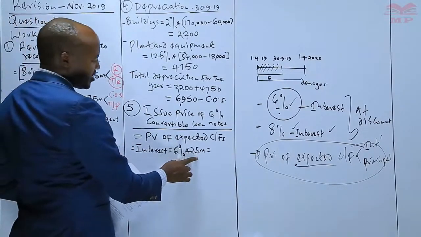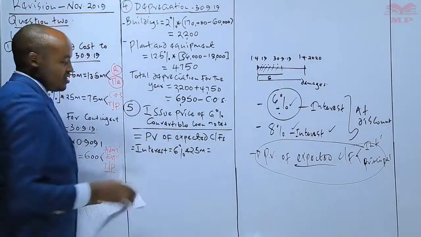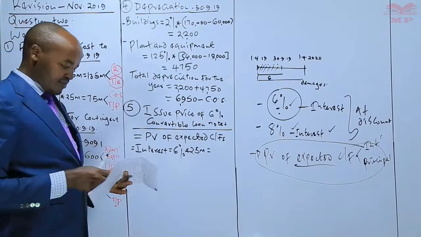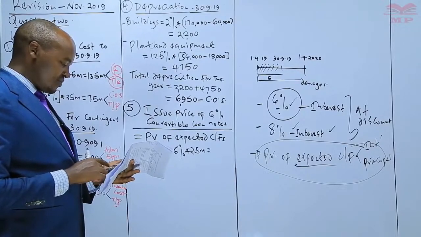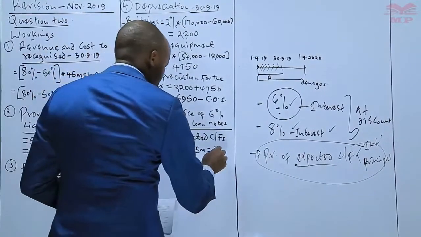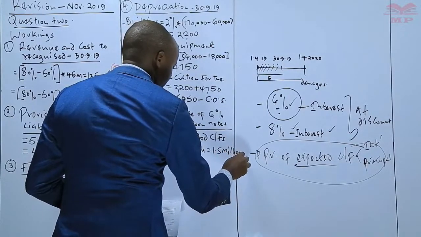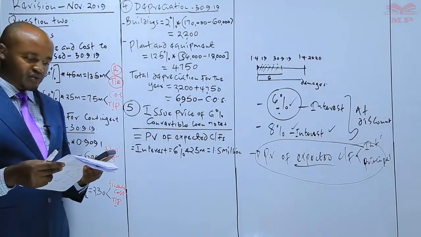The principal amount in our case, unless told otherwise, is always equal to the par value, that is 25 million. So we compute the interest which was supposed to be paid annually. That will give us 1.5 million.